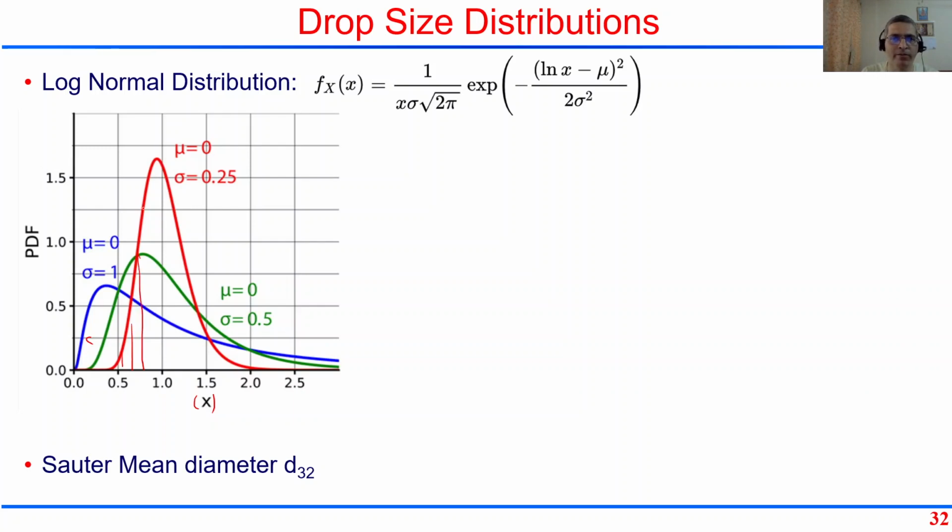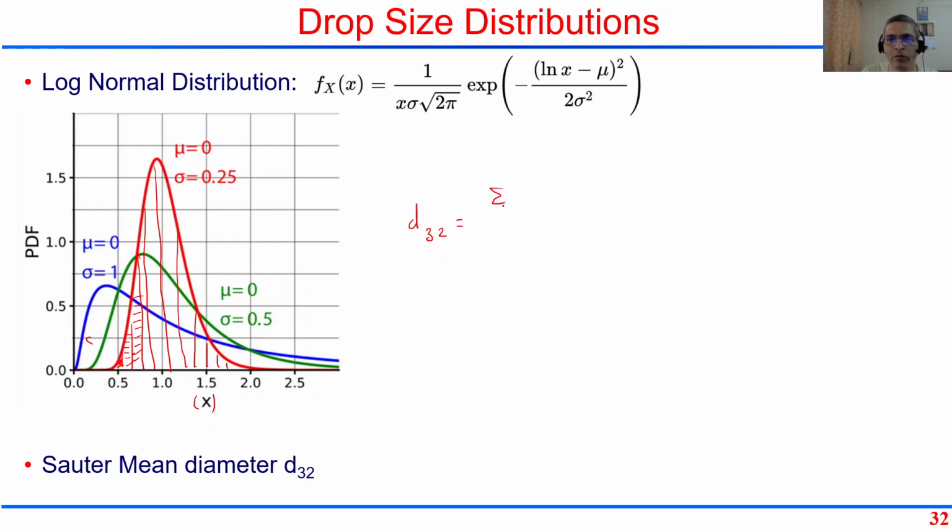Let's say the red curve is the actual measured drop size distribution. We will discretize that, and then for each bin or each interval we will calculate our D32, the Sauter mean diameter.